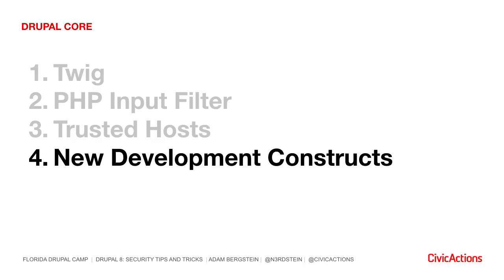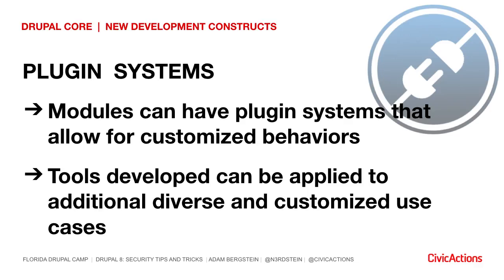Now, this one's probably the most critical. So the new development constructs that came with core in Drupal 8 are a huge deal. Plugin systems have basically now been the replacement of some things that were hooks in Drupal 7, and modules can now support extended or customized behaviors through a plugin system. They can develop their own. Core also has different plugin systems to extend various parts of the system itself.